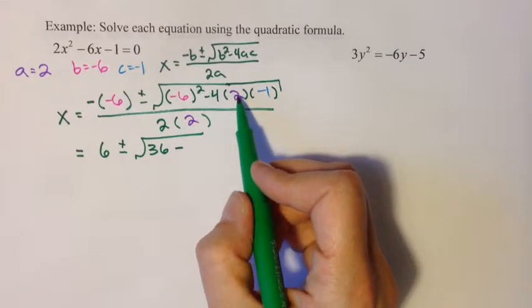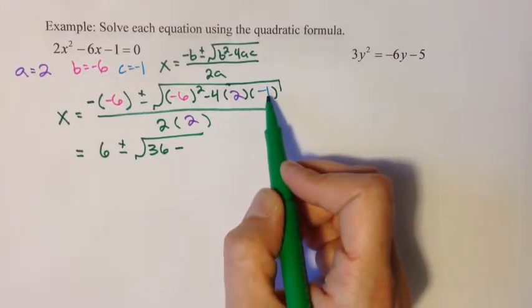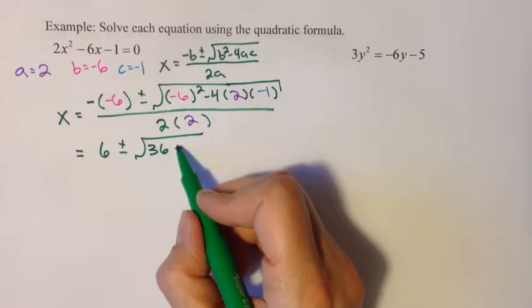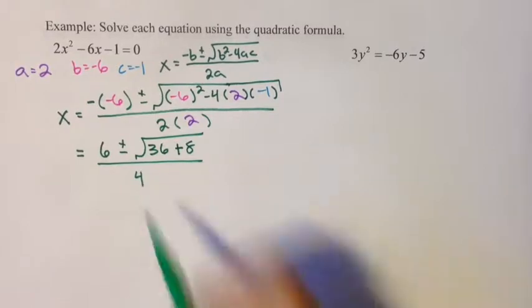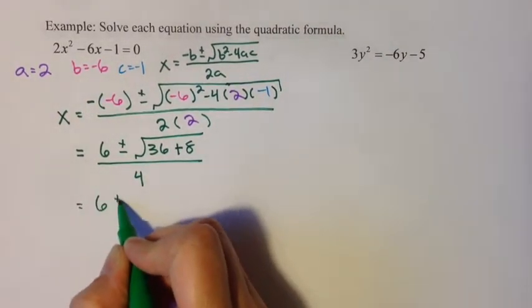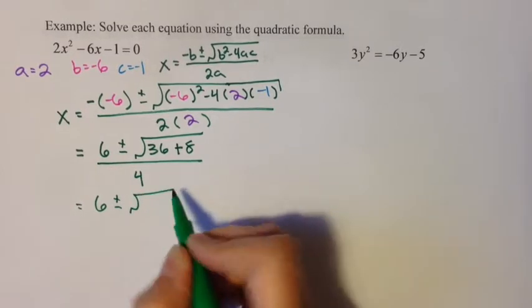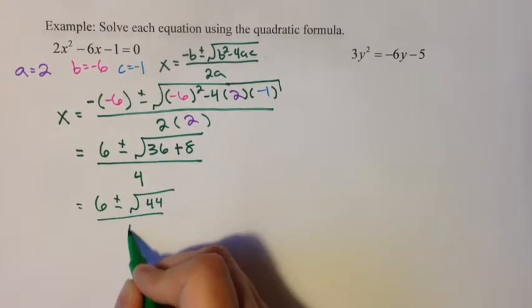Let's see, 4 times 2 is 8, and 8 times negative 1 is negative 8. But I'm subtracting it, so this is going to end up being a plus 8. And then this is all over 4. Now I'm just going to continue simplifying. This is 6 plus or minus the square root of 44 all over 4.